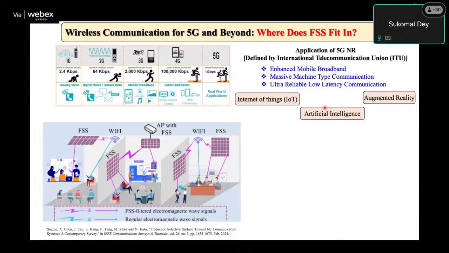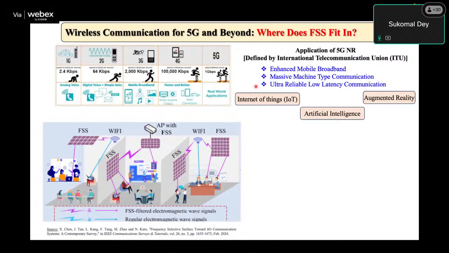Why do we need FSS? You can look at my slides. It perfectly fits your theme of this FDP, that is FSS for 5G applications. Most FSS are basically used for conventional communications. But whenever you are talking about 5G and 6G communication standards, you have to follow some protocol, right? Because whenever you are talking about 5G, your frequency point of interest is fixed. Whenever you are talking about 6G, your frequency spectrum has changed.